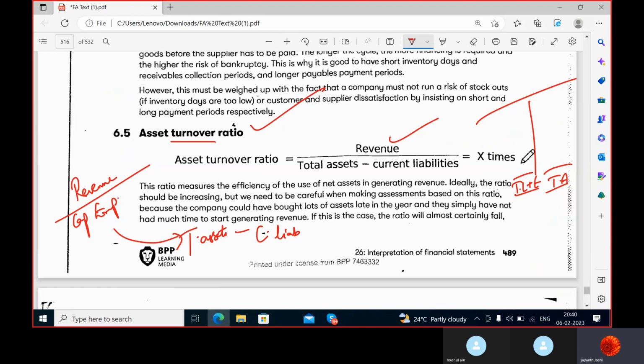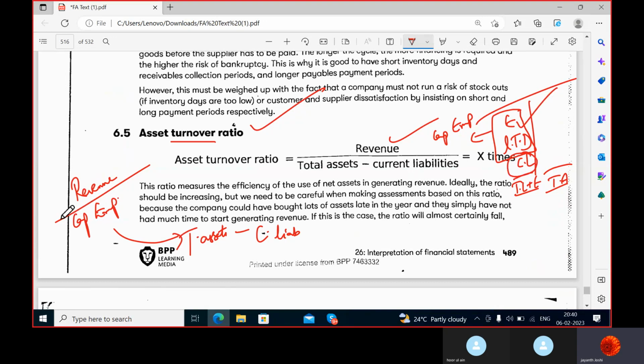From total assets, if you remove current liabilities, you are left with equity and long term debt. Am I right? These two combined together are nothing but capital employed, which I have already explained in the previous class.